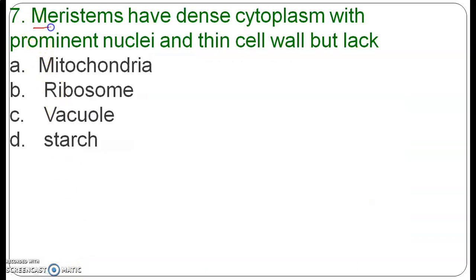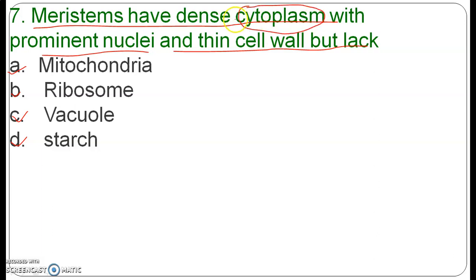Seventh one. Meristematic cells have dense cytoplasm with prominent nuclei and thin cell wall, but lack. Options are A, mitochondria, B, ribosomes, C, vacuoles and D, starch. Dense cytoplasm is a property of meristematic cells, obviously we know about this, and also prominent nuclei and thin cell wall, we know that too, because they are actively dividing cells, but they lack something.